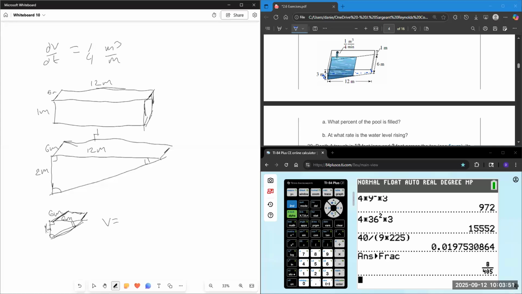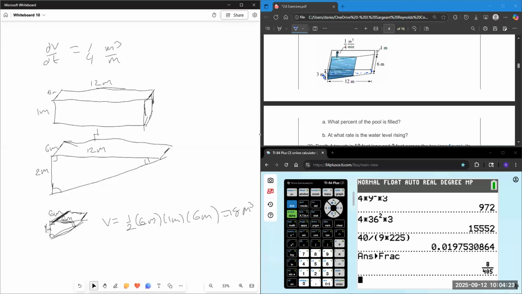So the volume of this wedge is 1/2 of my base, 6 meters, times this height of 1 meter times this third dimension that will be 6 meters.